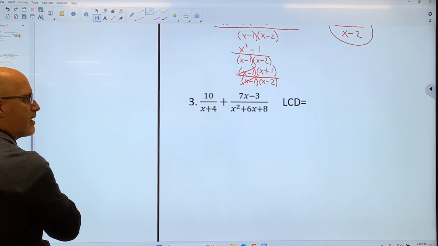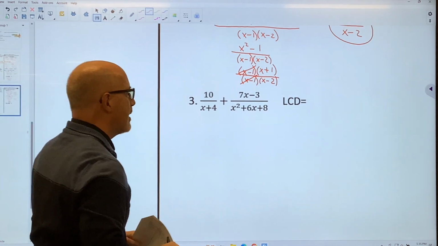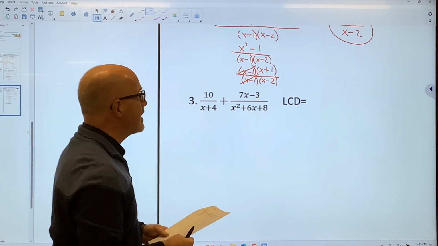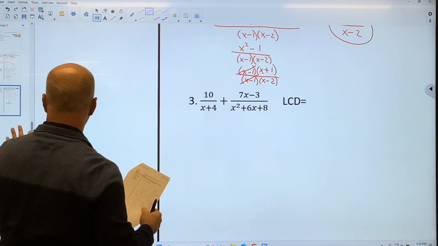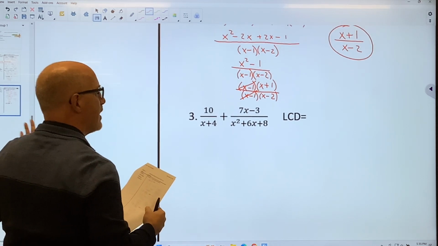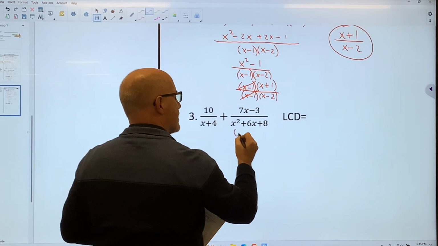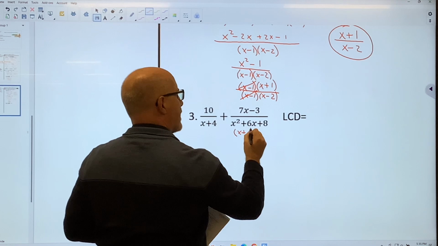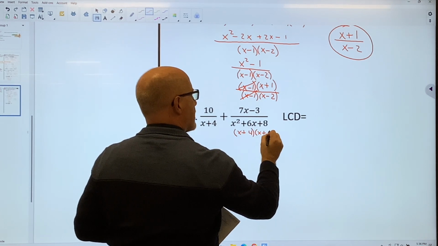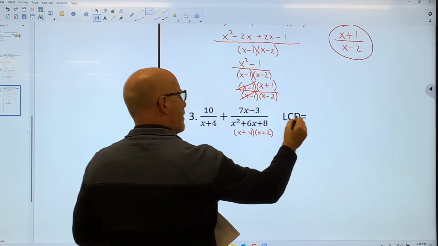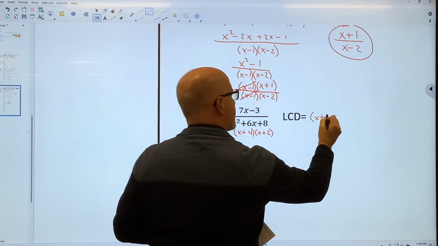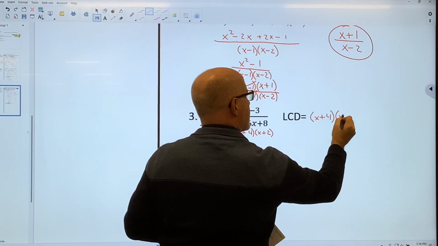All right, let's look at this last one here, number 3. I'm going to be looking for my common denominator here. My common denominator for this one, I'm going to first of all factor this into x plus 4, x plus 2. And so when I get my common denominator, it's going to be x plus 4 times x plus 2.